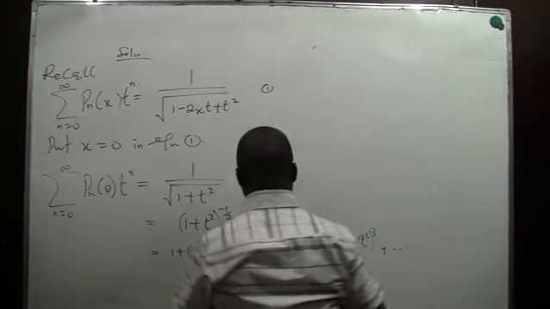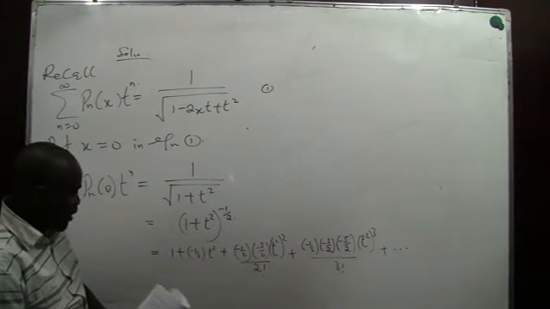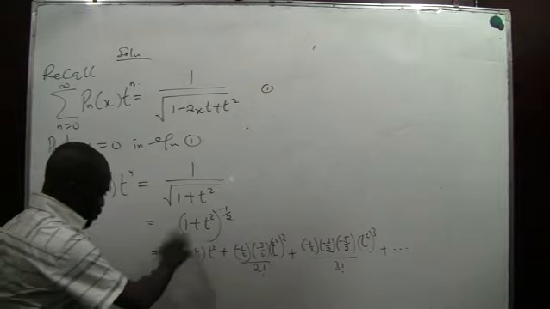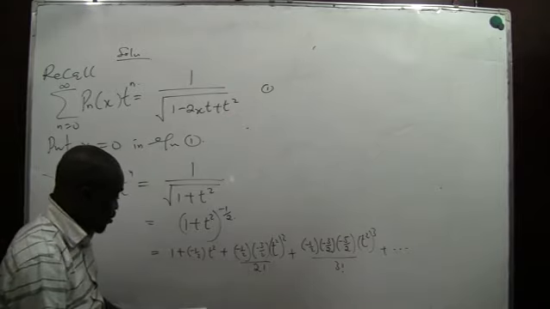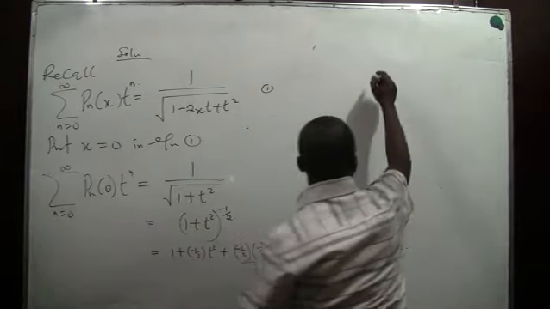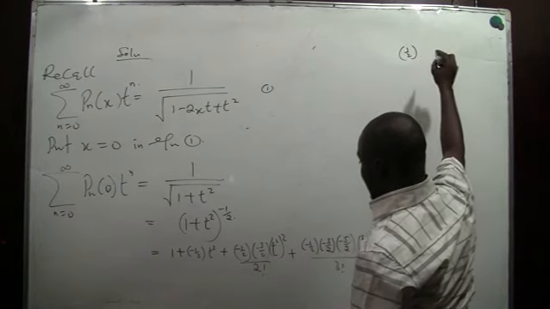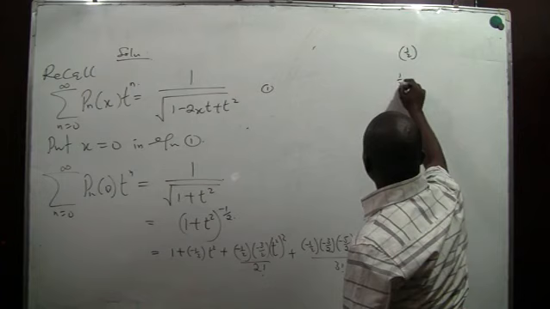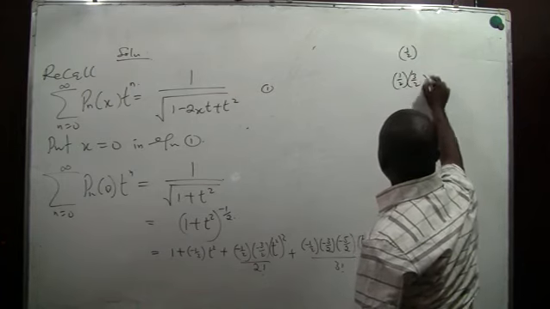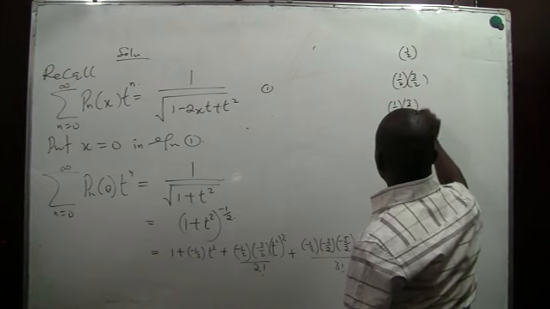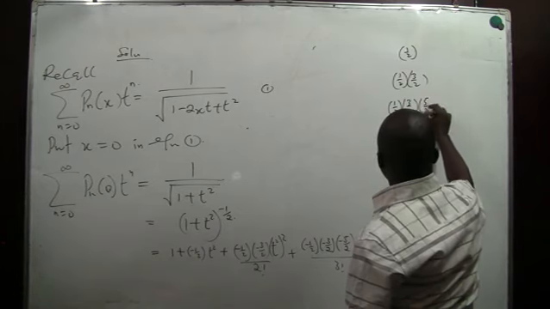From here, in compact form, let's see what is going on. Since we have seen that the signs alternate, let's take all the positivity. The first term is half, followed by half times 3 over 2. We have half times 3 over 2 times 5 over 2.